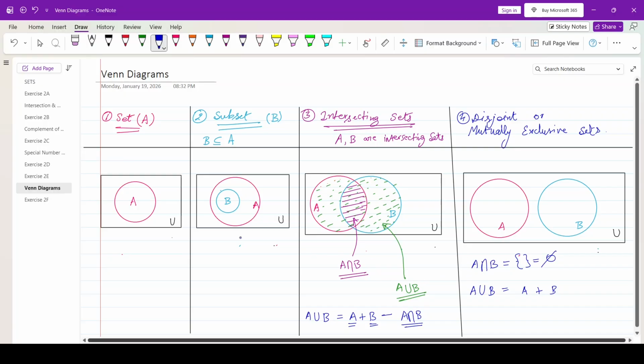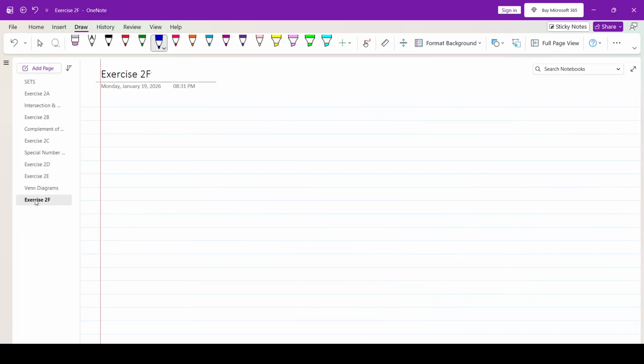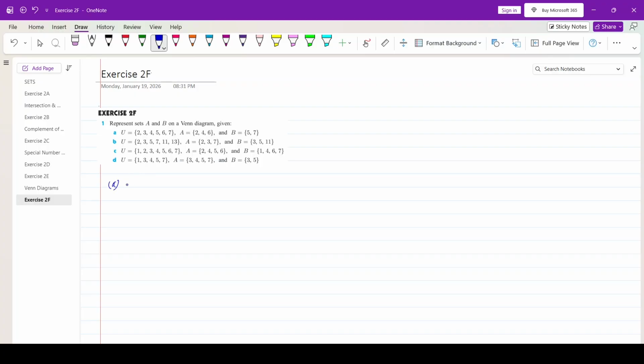Now, let's move on to exercise 2F and solve some questions. Part A says U, that is universal set, is 2, 3, 4, 5, 6, 7. A is 2, 4, 6, and B is 5 and 7. Now first let's draw a universal set.